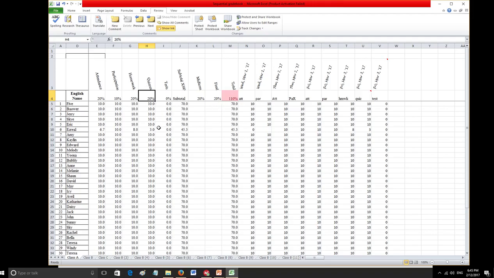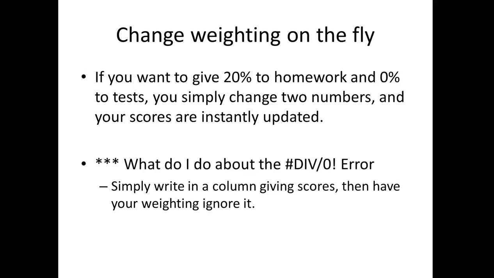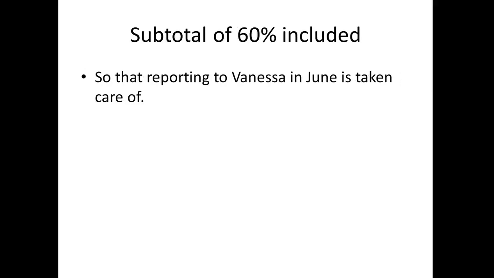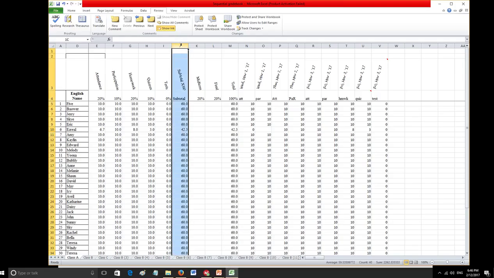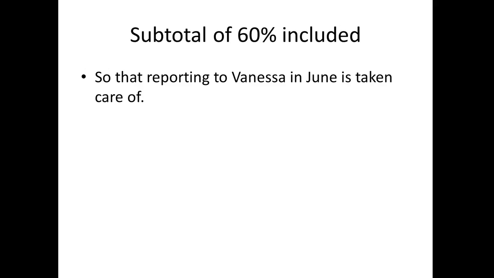If we then change the quizzes to 10, we can see that favoring the homework over the quizzes has helped Ezreal's scores. So you can change weighting on the fly. A subtotal of 60% is included so that when we're ready to report to Vanessa, we have that number already added up.